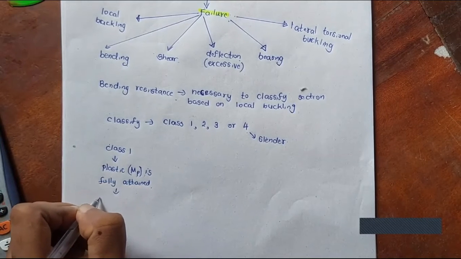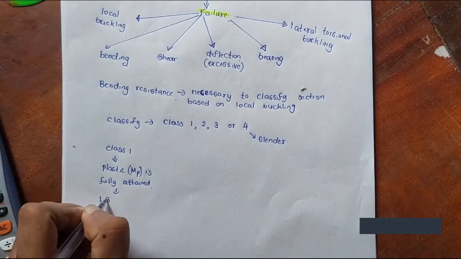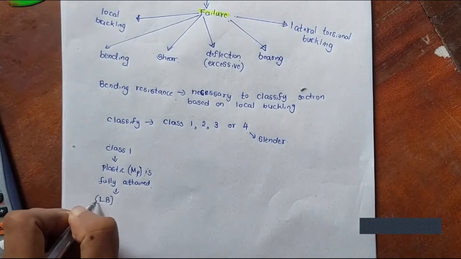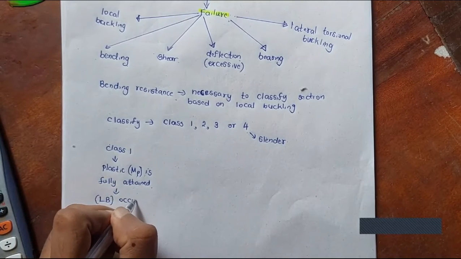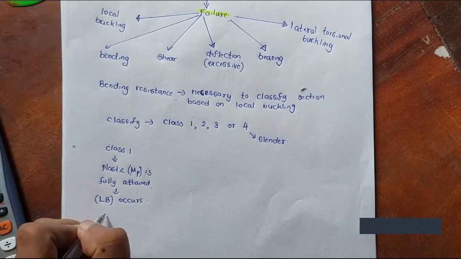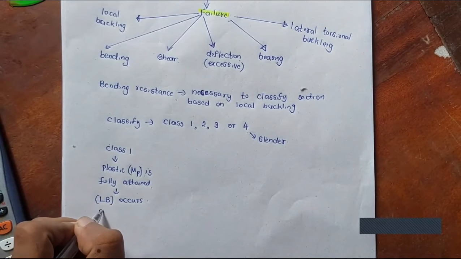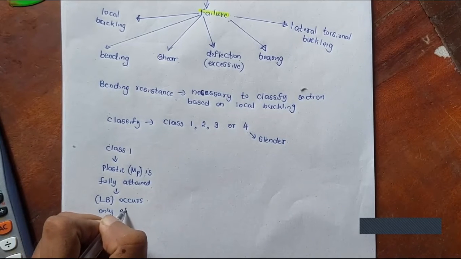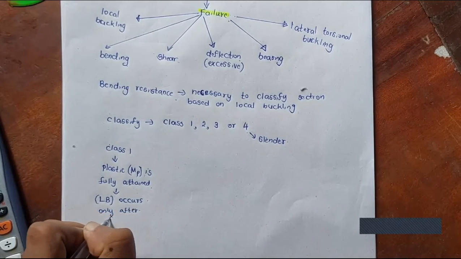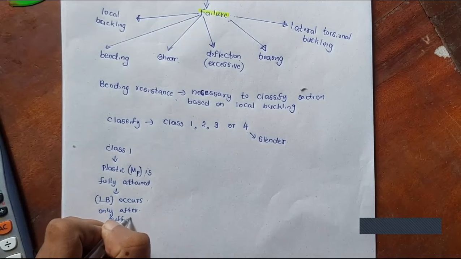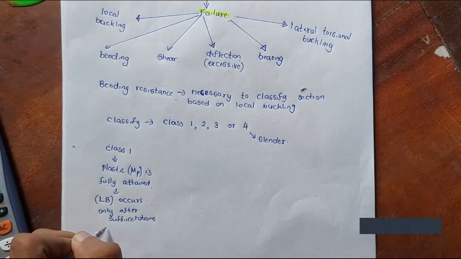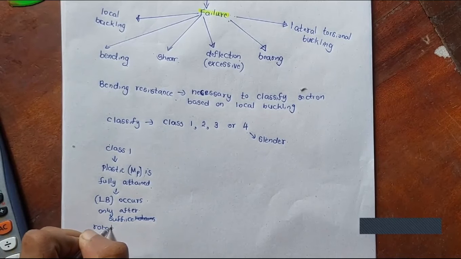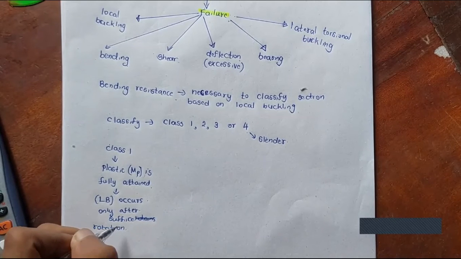Local buckling occurs only after a sufficient number of rotations has occurred.